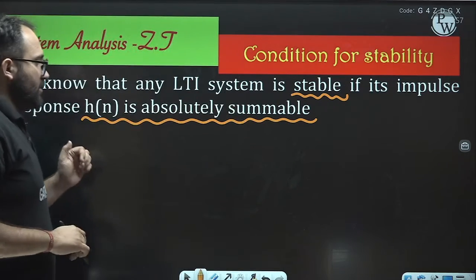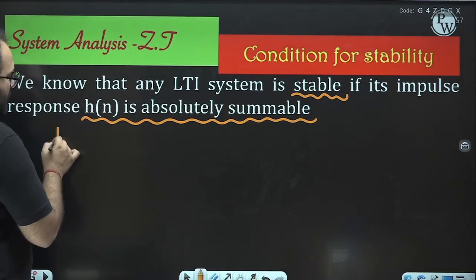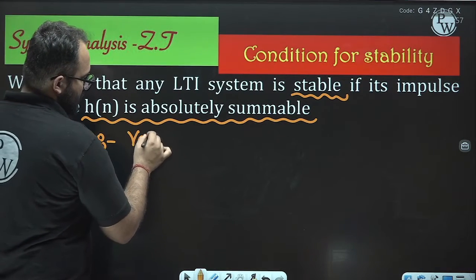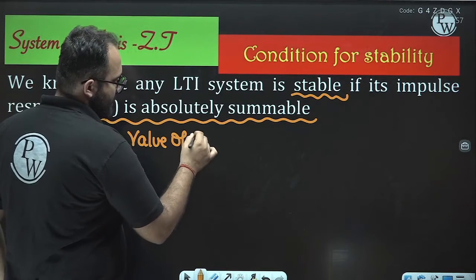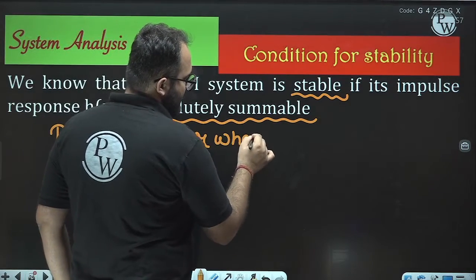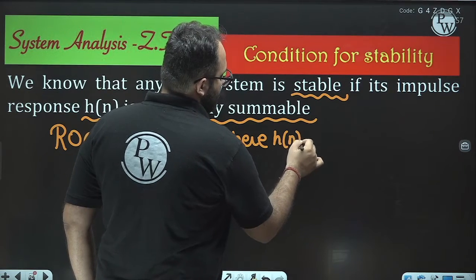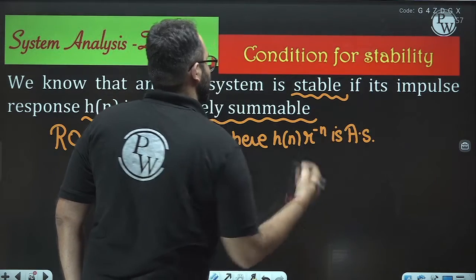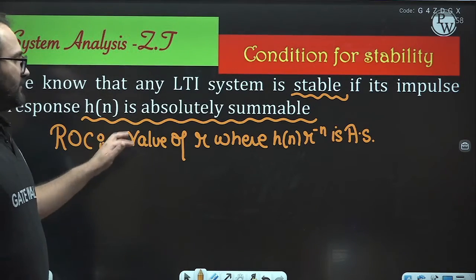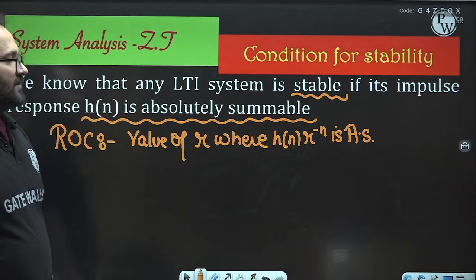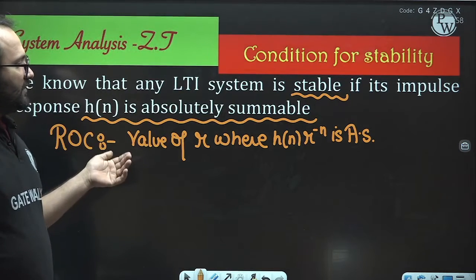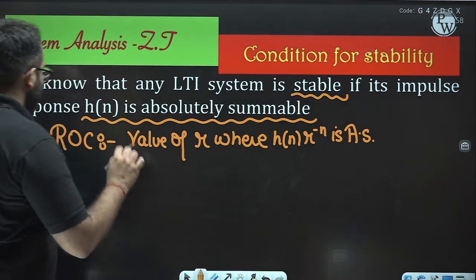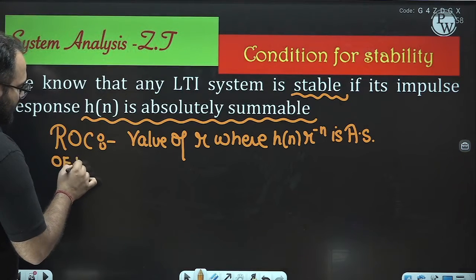Now, if we remember the definition of ROC, the ROC is the value of r where h[n] r to power minus n is absolutely summable. This is called the ROC of the Z transform of h[n], so ROC of H(z).